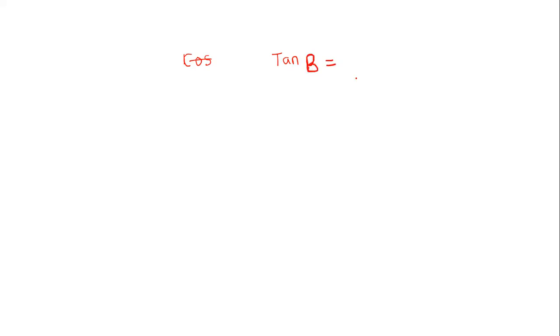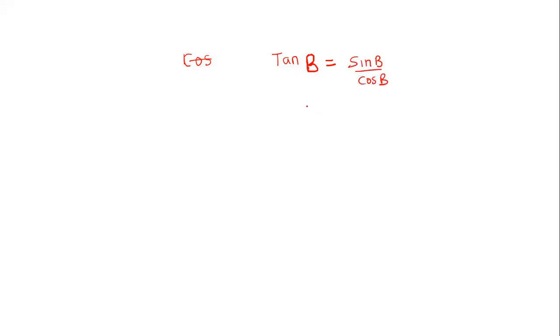Write in the chat. I want you to express it in terms of sine and cos. When you have tan of B, what is it equivalent to? Very good. It is the same as sine of B out of cos of B.